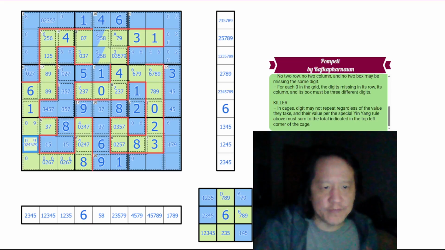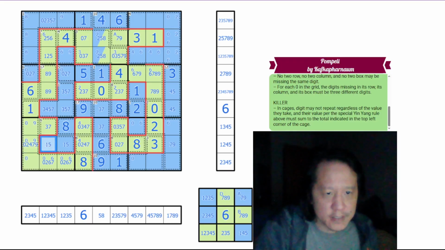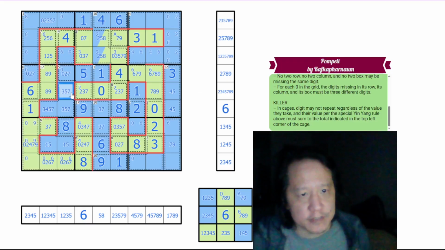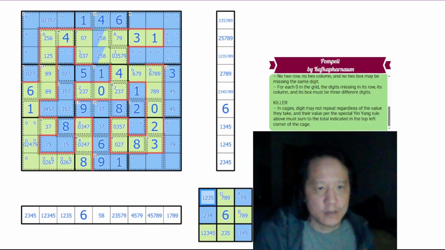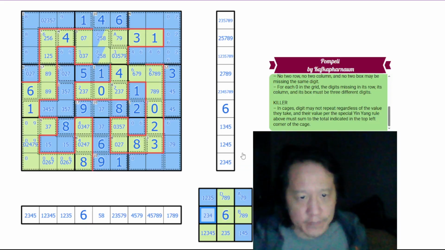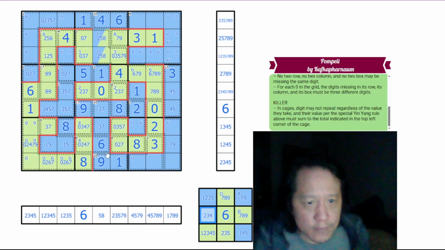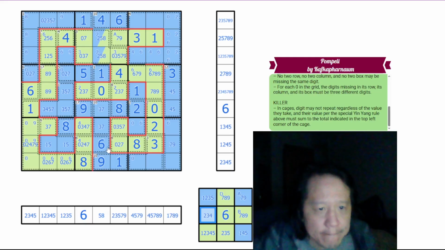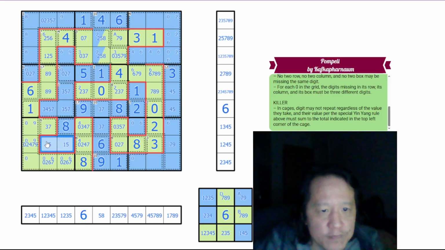Which eliminates 1-5 in the rest of the column and box and this is guaranteed to have a 1 and a 5 then. So we are not missing a 5 in box 4. So this is a 1-5 pair.